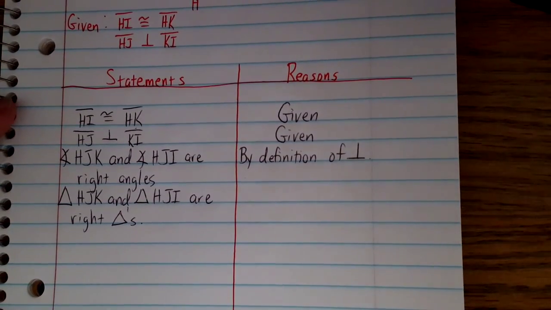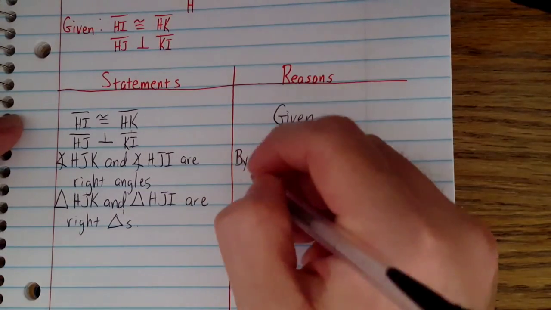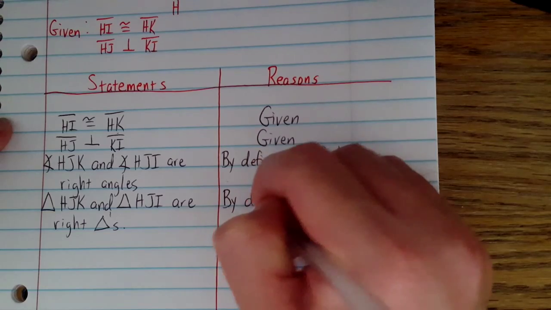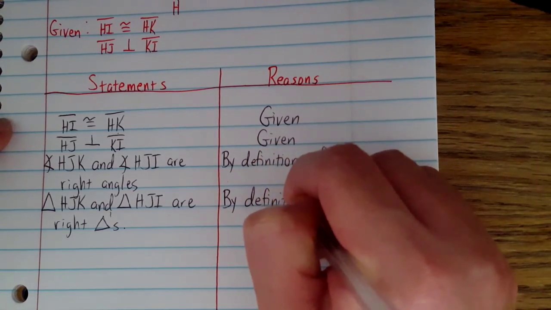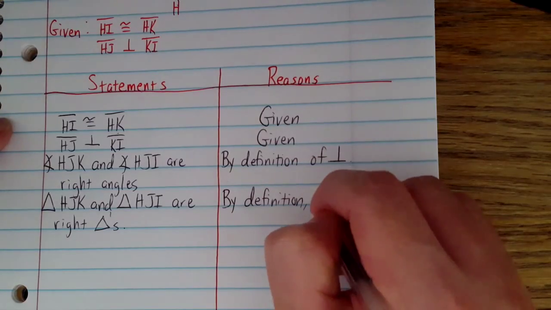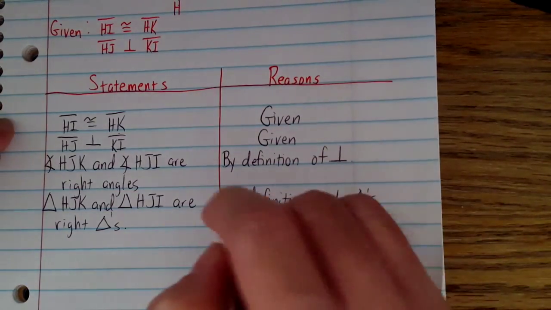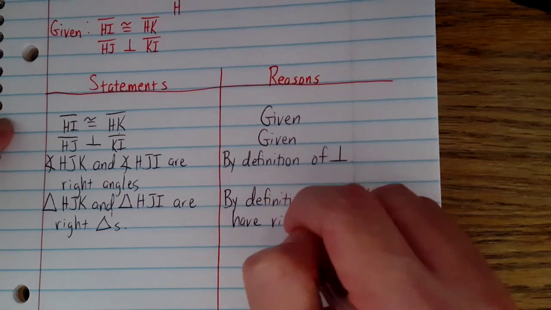What is the reason that I can make that statement? Well, that's just because, by definition, and you could have worded this a little different if you want, by definition, right triangles have right angles.